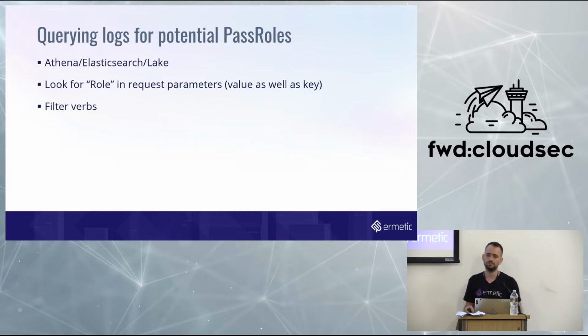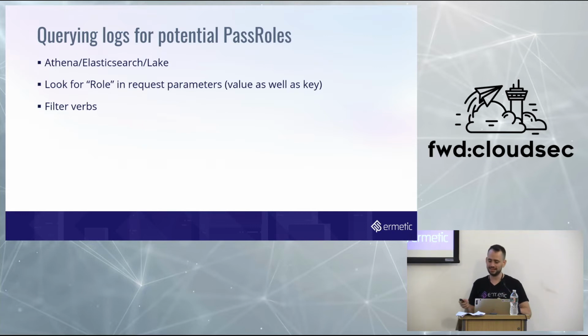Next thing you do is approach it from the exact opposite direction. Query logs for potential PassRole events. So you go to wherever you go, Athena, Elasticsearch, Lake, Splunk, whatever you use, and look through request parameters for anything that references either as the key a role or role-adjacent parameter, or as the value, just a role ARN that you're able to recognize by construction.